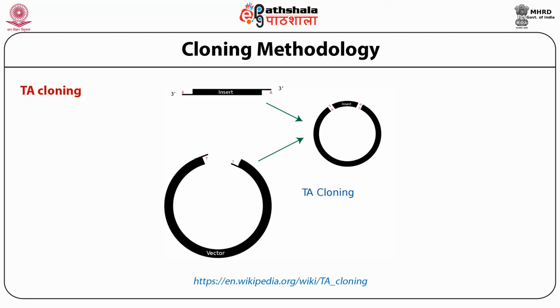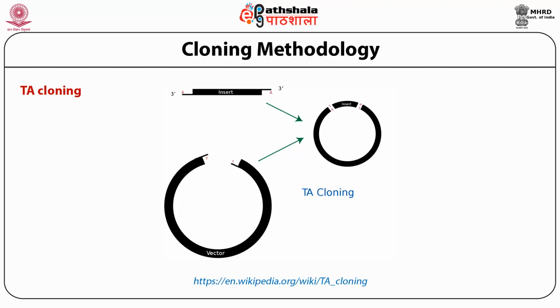TA cloning. The TA cloning method exploits the ability of Taq DNA polymerase to generate an A overhang at the 3' end of the DNA after a PCR reaction, because it lacks the exonuclease or proofreading activity which would allow it to generate a blunt end. On the other hand, if we use a high fidelity DNA polymerase, which is Pfu, it would result in a blunt end and would not be used for this particular cloning method.